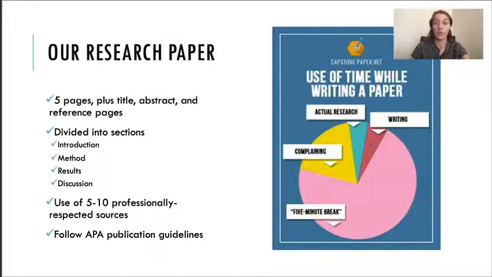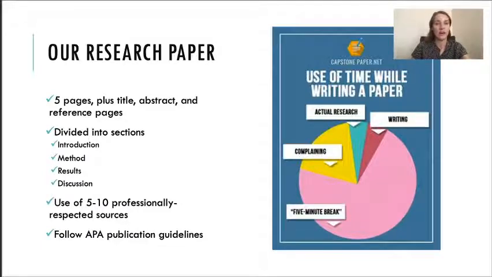We'll be using professionally respected sources, and that's sort of what we're here to talk about today. How do we use professional sources? How do we cite them? So we'll be going over all of that. I have here that you need to use 5 to 10. Most of us will be hedging on the larger side of that. And I know you might be thinking, wow, that's a lot of articles, right? It's a lot of things to read.